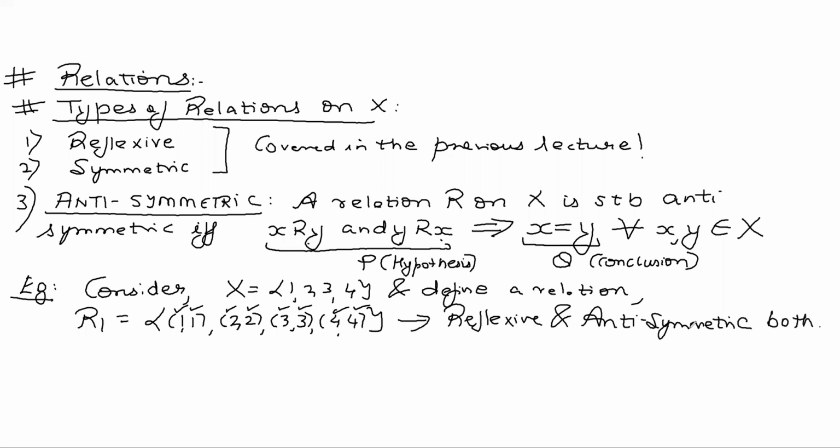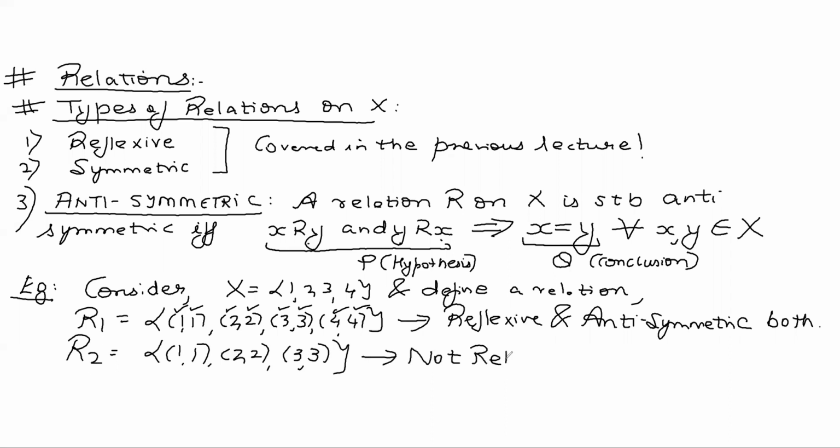Why is it reflexive? Because X is related to itself for all X belonging to capital X. Why is it anti-symmetric? Because if X is related to Y and Y is related to X, you can see X is equal to Y. But guys, if I consider another relation, if I consider only this, is it reflexive? No, not reflexive.